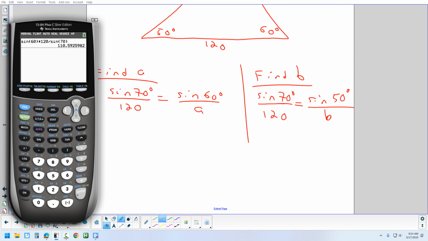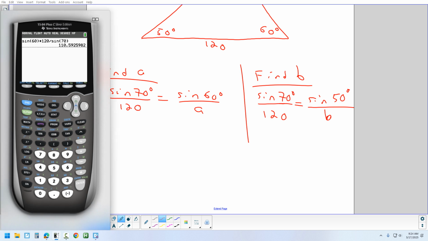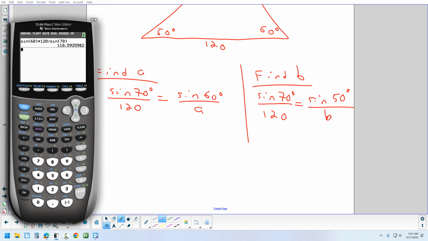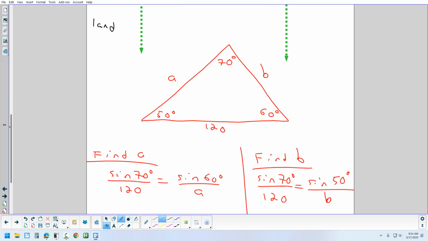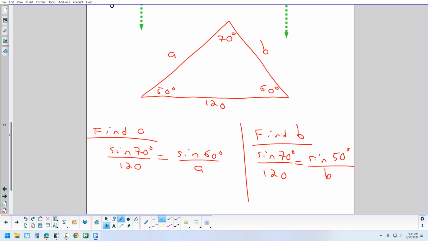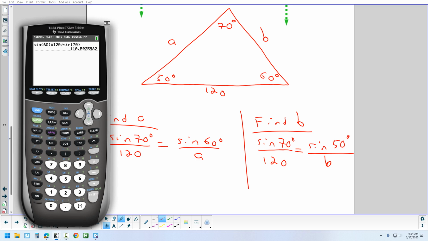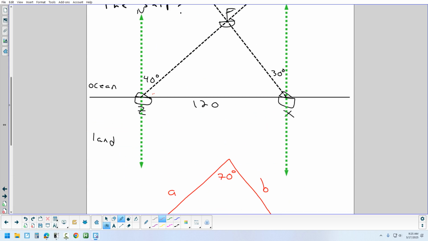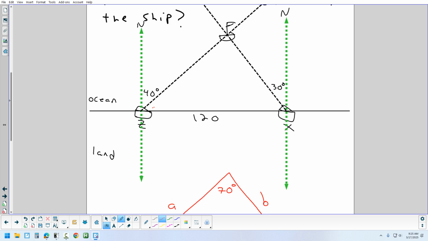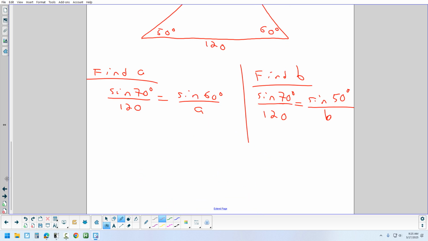Am I confusing A and B? Sine 60 over A equals sine 70 over 120, so this is correct. So we get 120 sine 60 divided by sine 70. That looks good to me. So side A is 110.59 miles. That's Zulu to the boat.